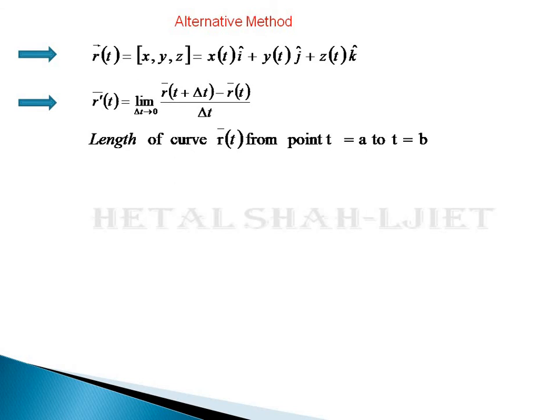The length of the curve r(t) from point A to B, as you know, our boundary points are A and B, is that you have to integrate with limits A to B, the square root of the dot product of your derivative. First you have to find the dot product of your derivative, take the square root, then integrate it with respect to t.